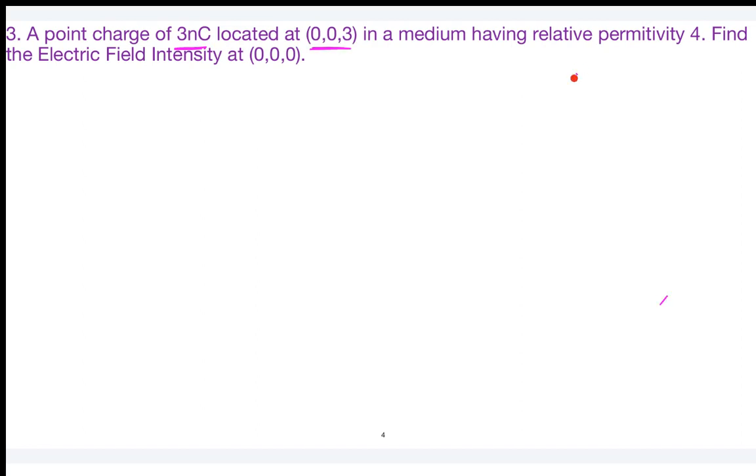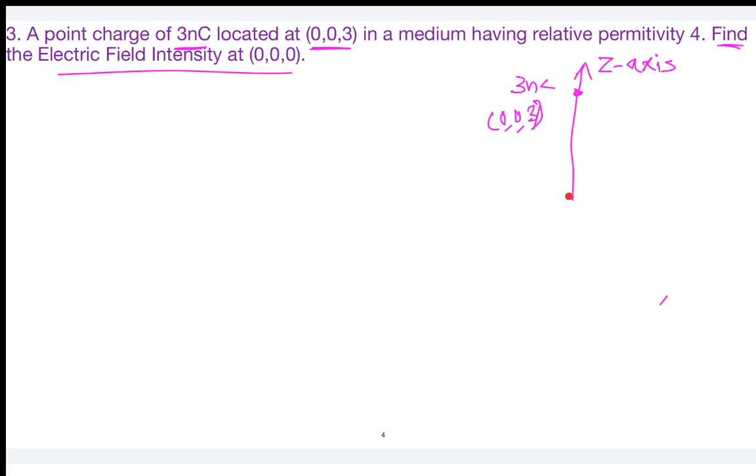Can you tell me what is the source here and what is the observer here, everyone? The source is the 3 nanocoulombs and the observer location is (0, 0, 0), the origin. So what is the condition I told you?